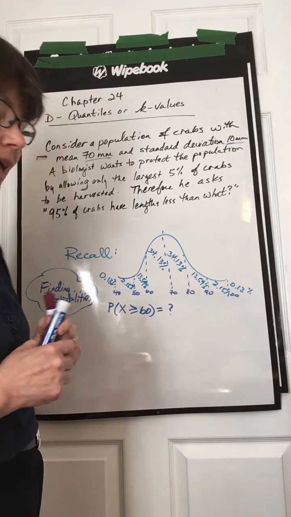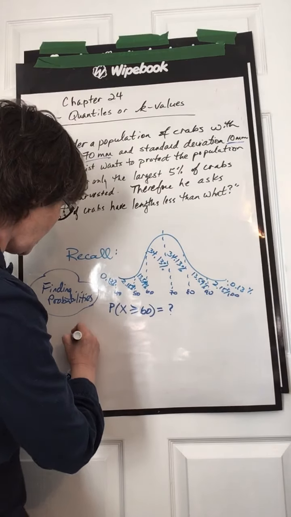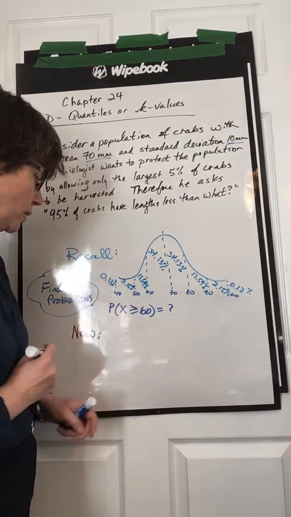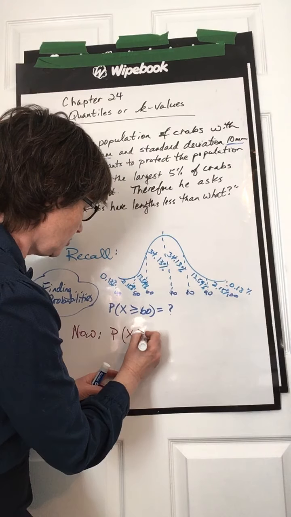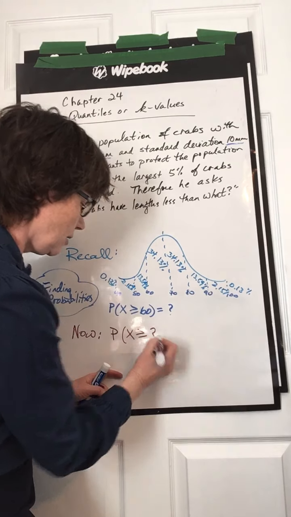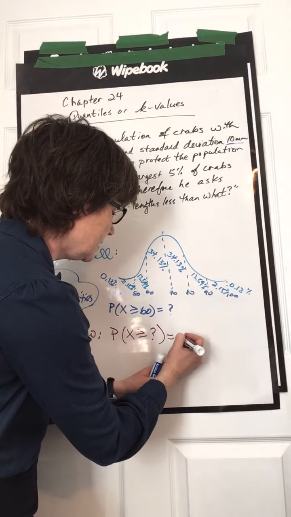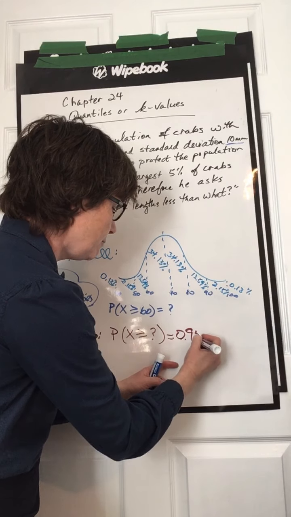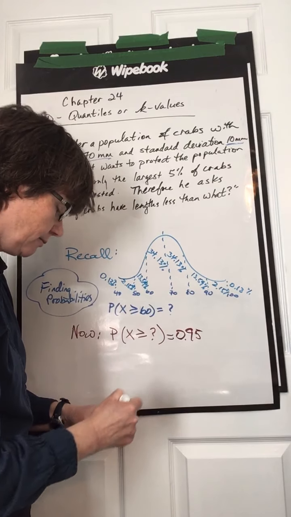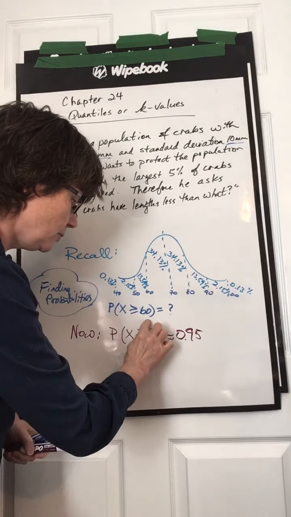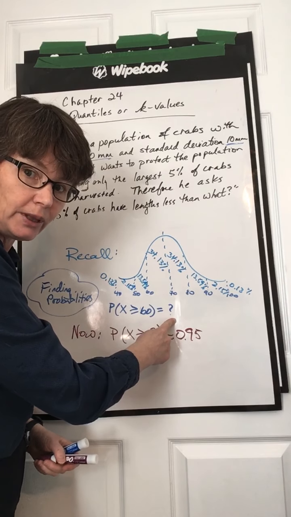Now what we will be doing is the opposite. We will be looking at something and saying, what's the probability that x is greater than what number if that probability is 95%, for example. Before, we knew the x value and we were looking for the probability.